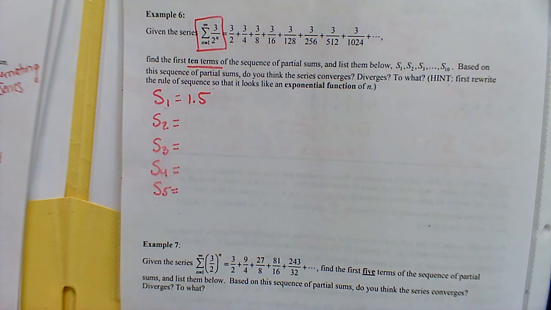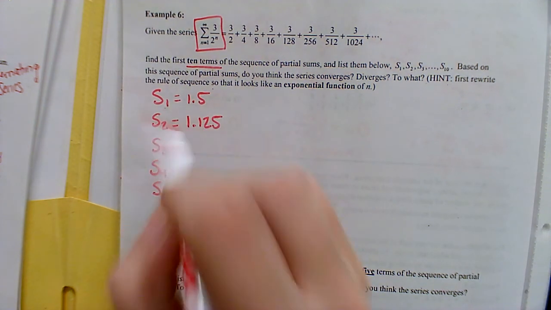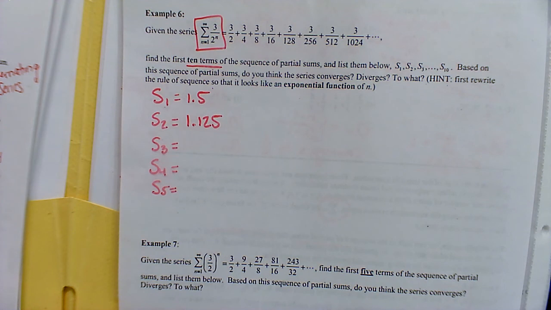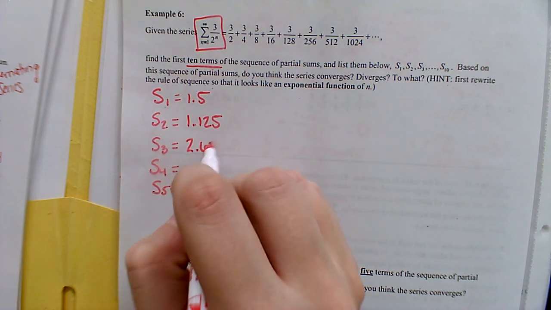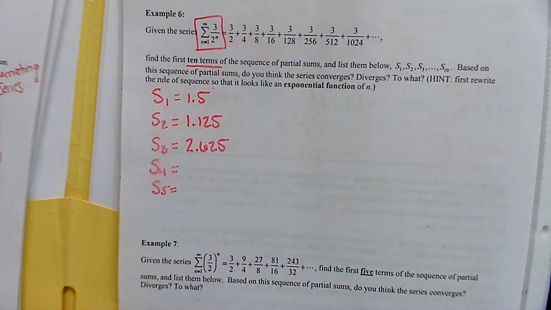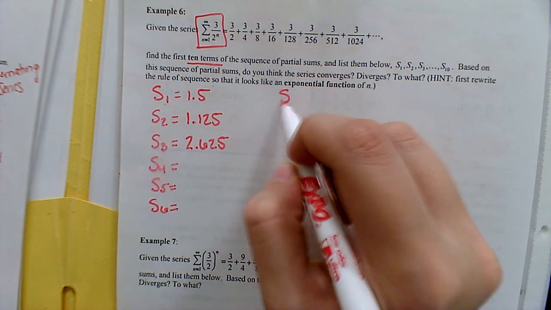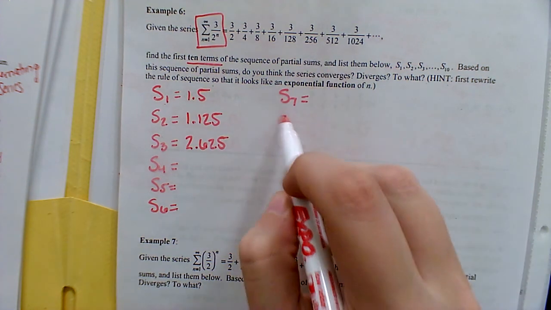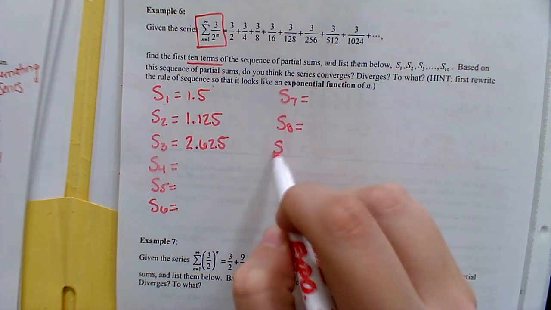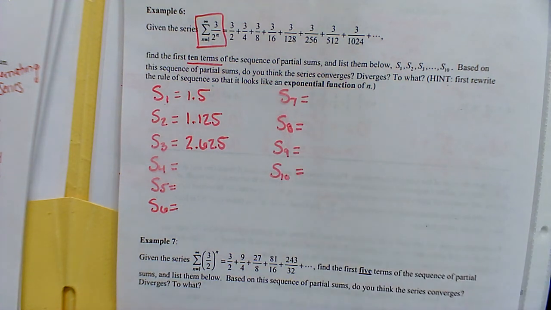If you add the first 2 terms together, you get 1.125. If you add the first 3 terms together, all right, you guys keep going. Find the first 10 partial sums. I'll write them up here. You guys check, and if there's a discrepancy, you let me know, okay?